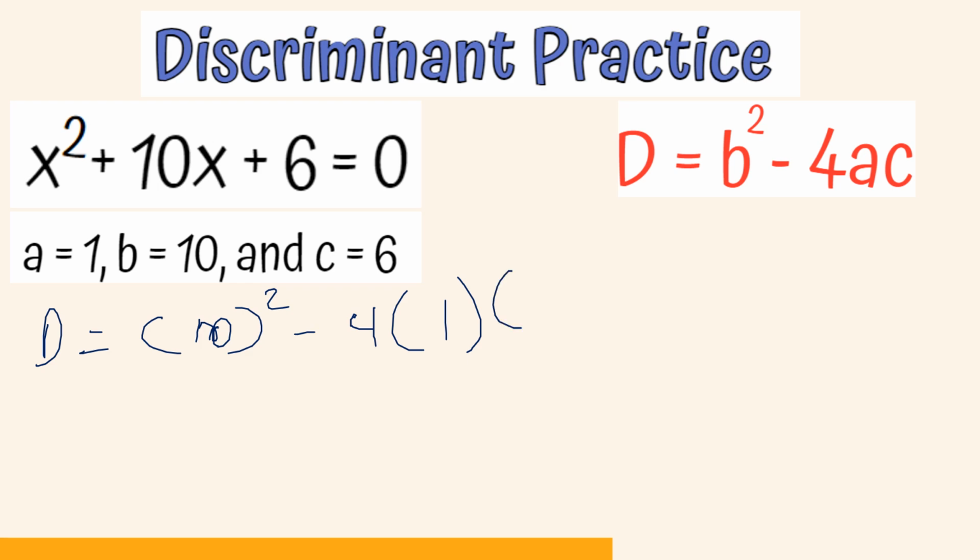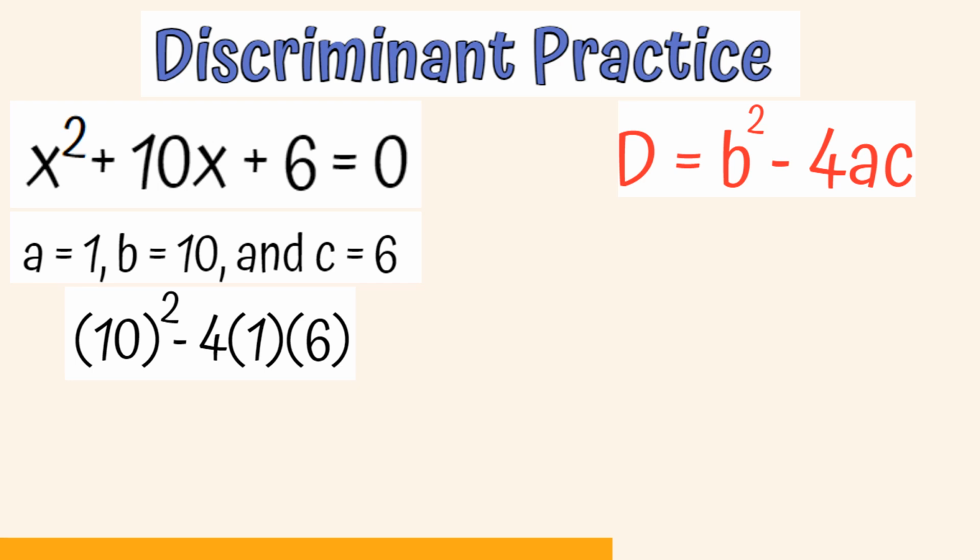Remember what c is? That's right, c was 6. So whatever 10 squared is, we're going to write that down. And then whatever 4 times 1 times 6 is, we're going to write that down. Remember, we're multiplying a -4 times a positive 1.